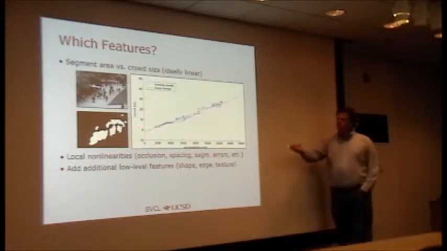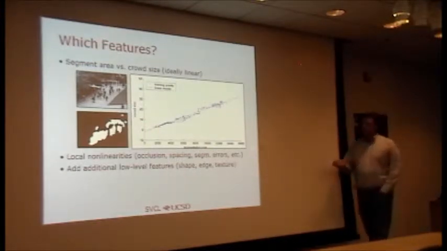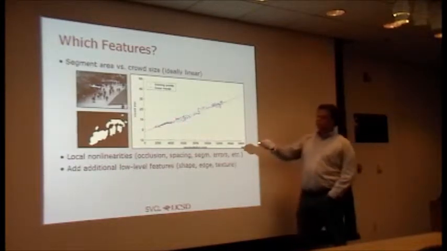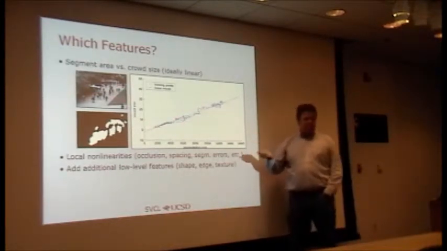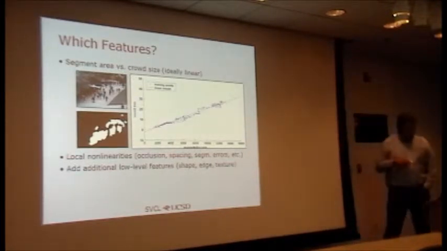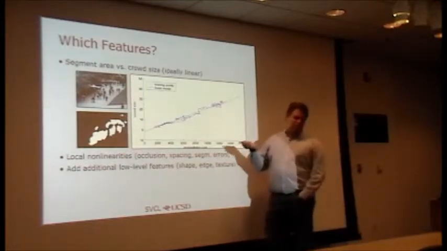And you see that there's a strong correlation between the two. Then there are a lot of local non-linearities that have to do with the fact that people occlude each other. Sometimes they walk together more closely, other times they don't. And that's really the reason why we use all these other features.